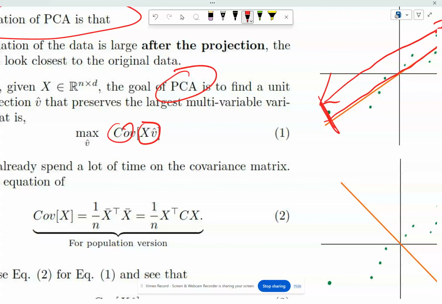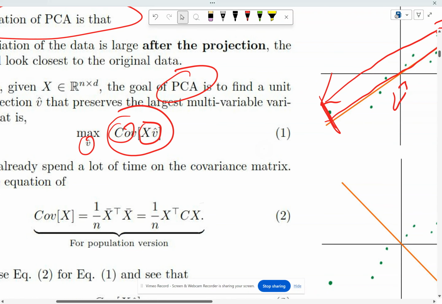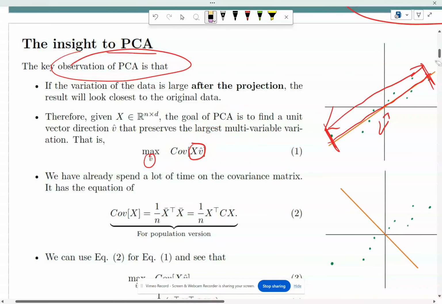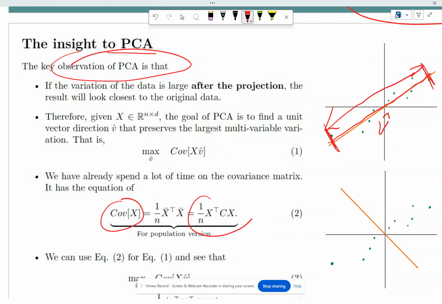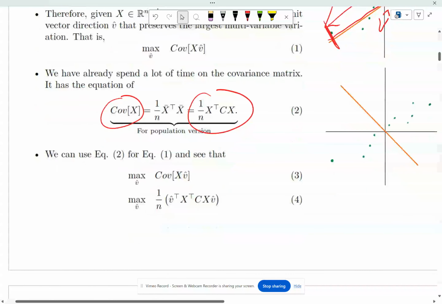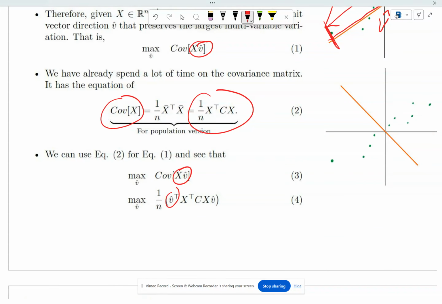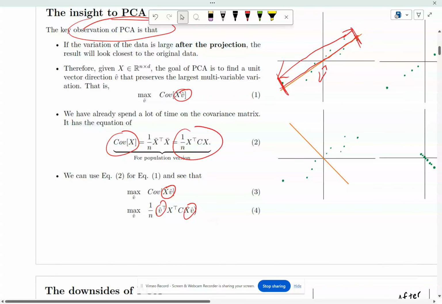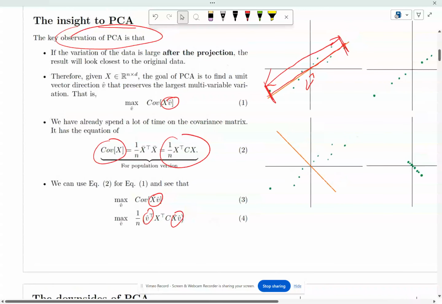V hat, this direction, is the projection. After we've done the projection, we want to find the V such that the covariance is as large as possible. Then we went through a bunch of math and essentially showed that the covariance of X is equal to this equation, and therefore the covariance of V hat, well, you just plug that in. So that's the insight to PCA.